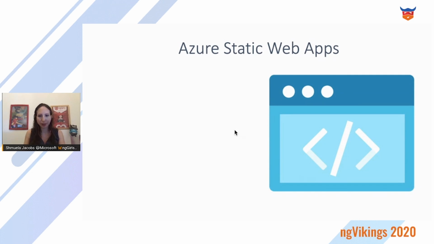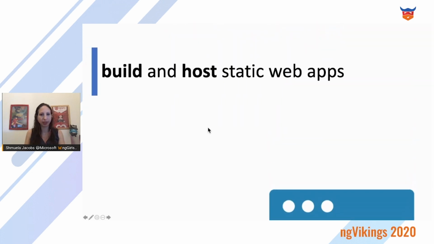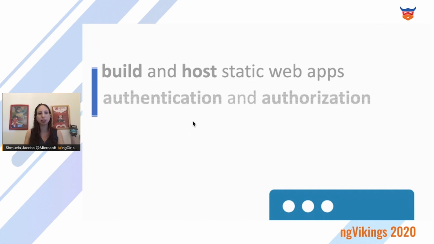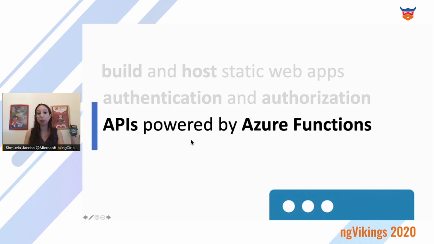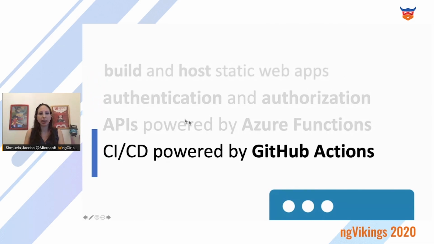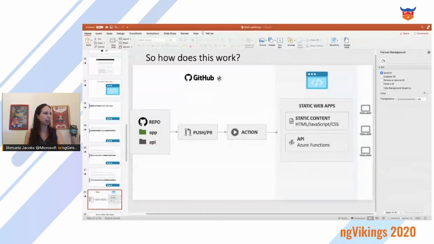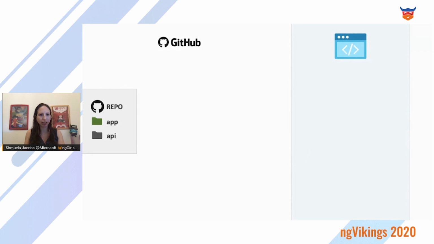Okay. Let me see. Yeah, so basically you can build and host static web apps, authentication and authorization, APIs powered by Azure Functions, and CI/CD powered by GitHub Actions. Okay, now let's really see. Okay, yeah, before we see it, let me show you this slide also.